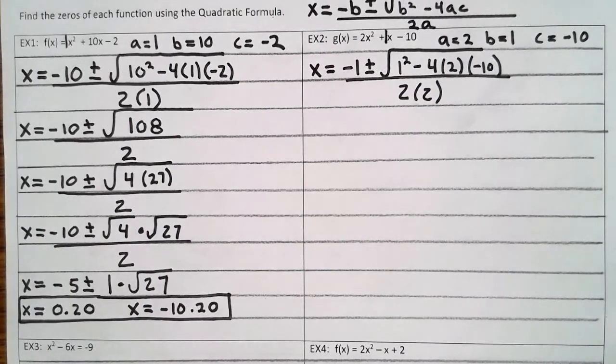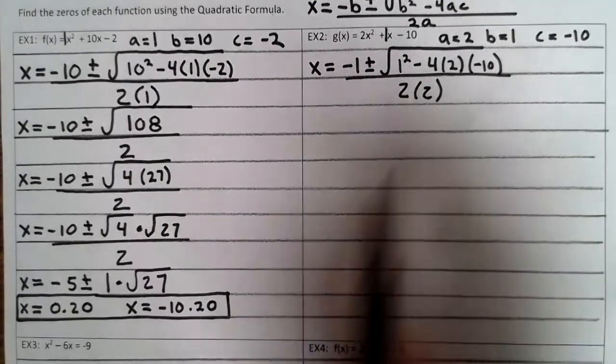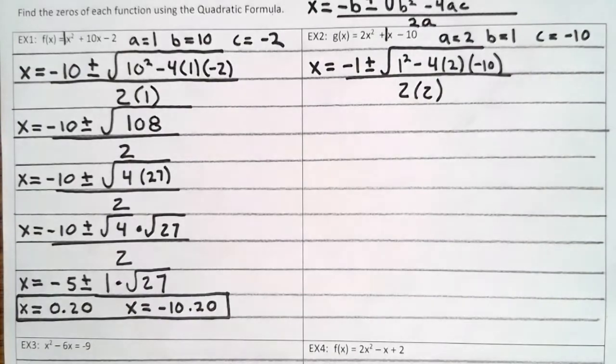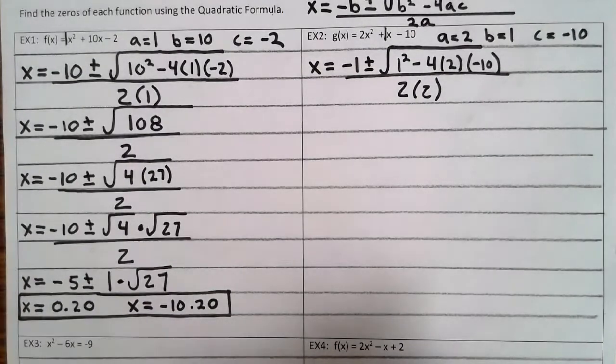Now, I almost forgot to look at the discriminant on example 1, which we can come back to, but let's look at it in example 2.